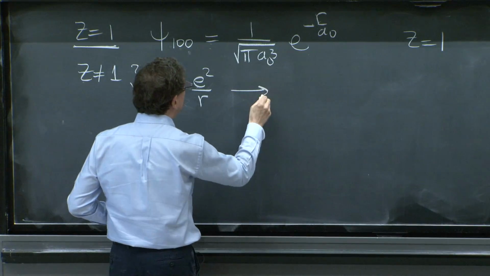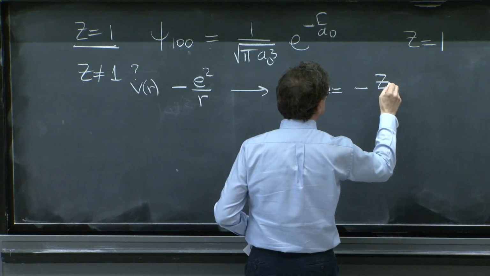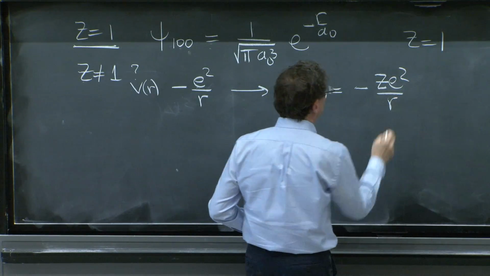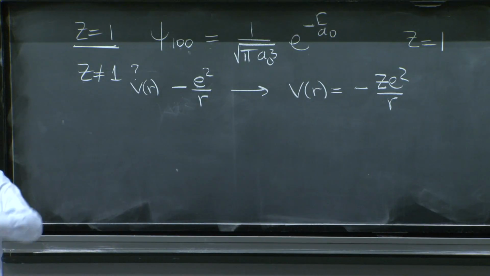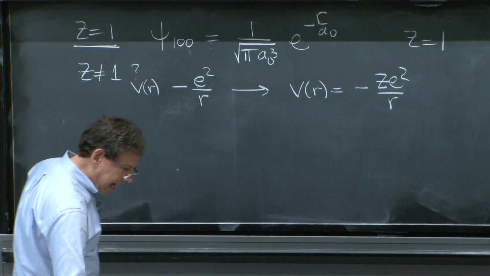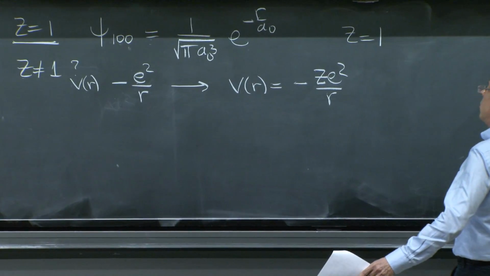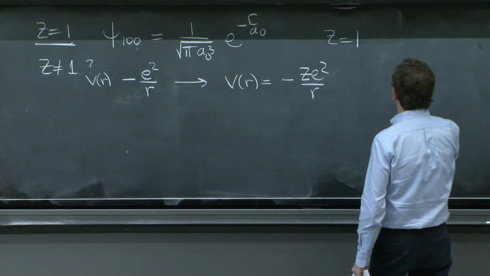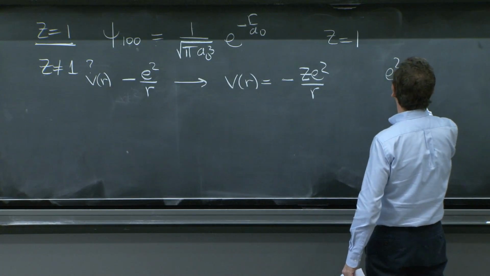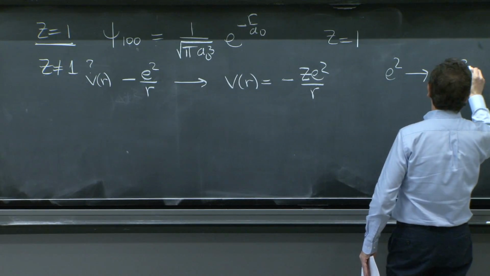And it will pass to a V of r that has minus Z e squared over r, because now you have a nucleus with Z protons interacting with one electron, so that's how it changed. So naturally, what seems to be the change here, and you could imagine just solving it without the Z and then adding the Z, is that everywhere that you have e squared, you should put Z times e squared.